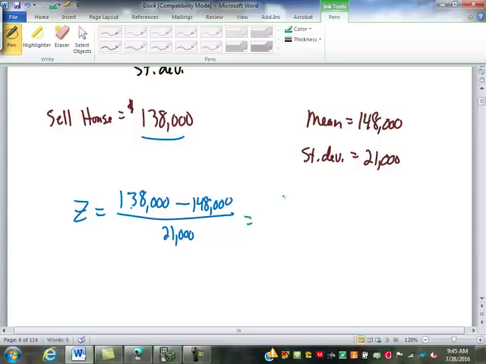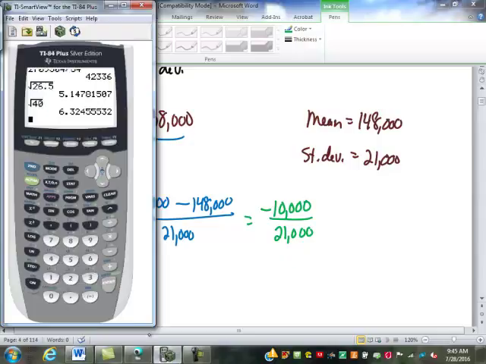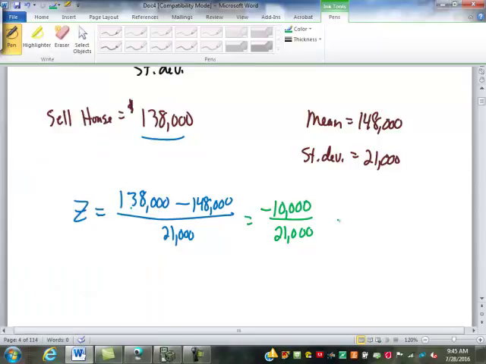So $138,000 minus $148,000 is a negative $10,000. Divided by $21,000 is 0.476, we're going to call it. Negative.